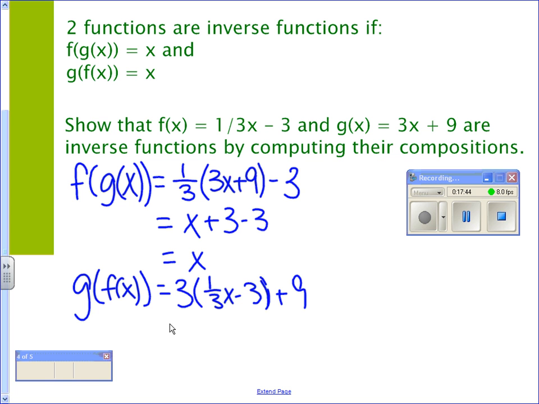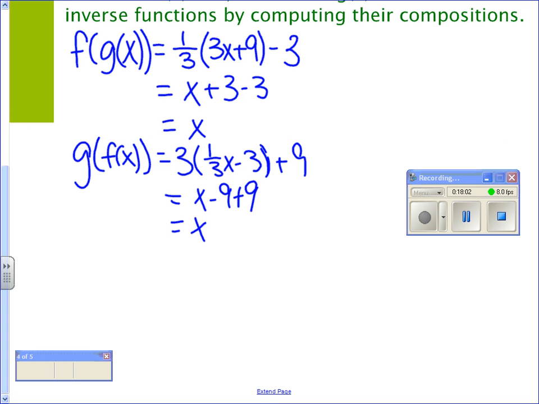You see how that works? So what would we do when we simplify this? Which is x. Do they both equal x? So our answer is both compositions.